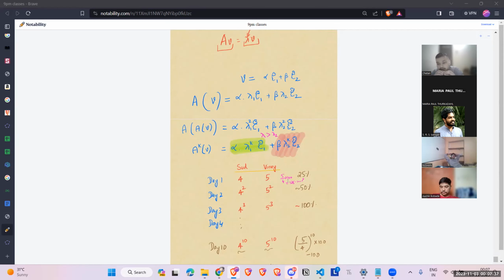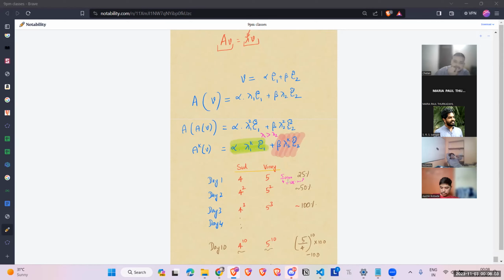That means we can reach each and every point on R2 with just a linear combination of those two vectors. It just so happens that those two vectors in this case are our eigenvectors. So when we take an input from R2, it's some linear combination of our two eigenvectors.